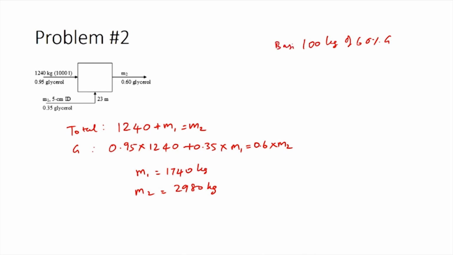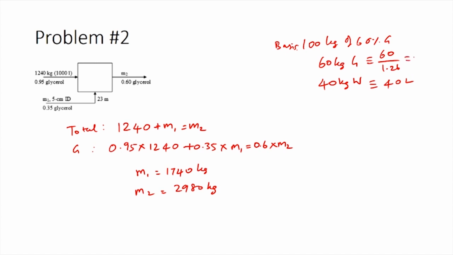This would contain 60 kilograms of glycerol and 40 kilograms of water. The volume occupied by 60 kilograms of glycerol would be 60 divided by density, which is 1.26, and 40 kilograms of water would occupy a volume of 40 liters.